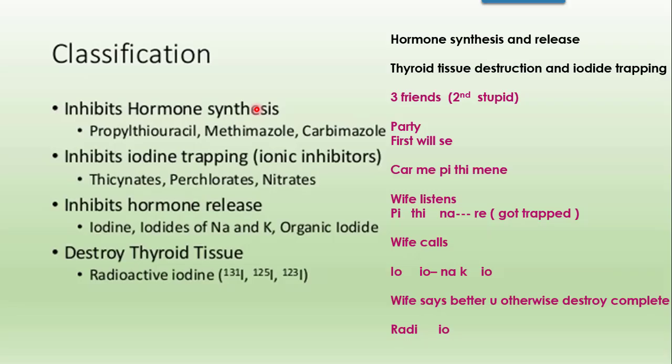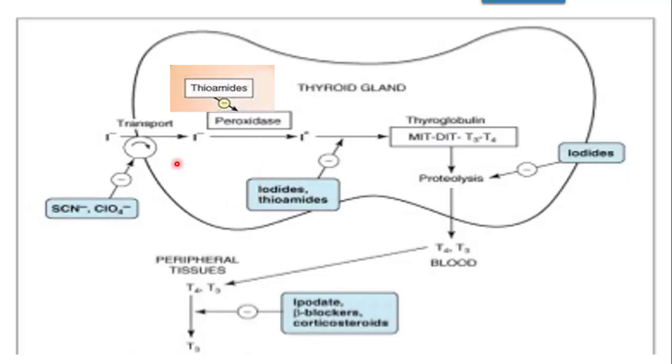This diagram will give you a summary of the mechanism of action of antithyroid drugs. First, if you start from the iodide trapping, the thiocyanate and perchlorates will act at this step where the iodide is getting transported through the sodium iodide importers.